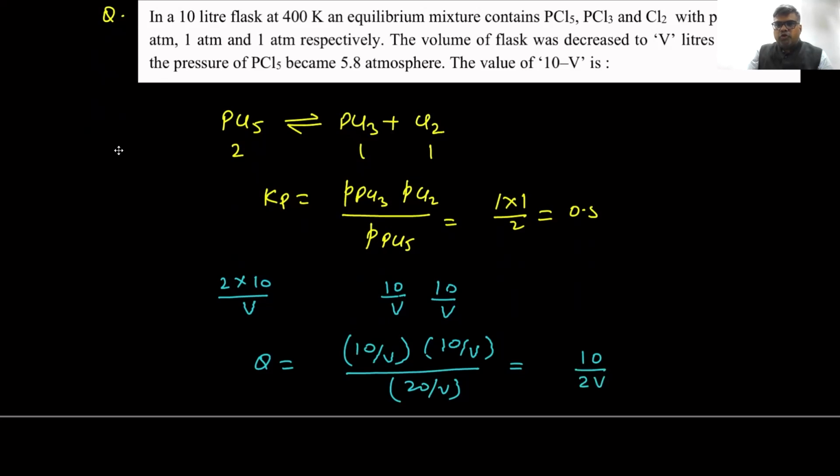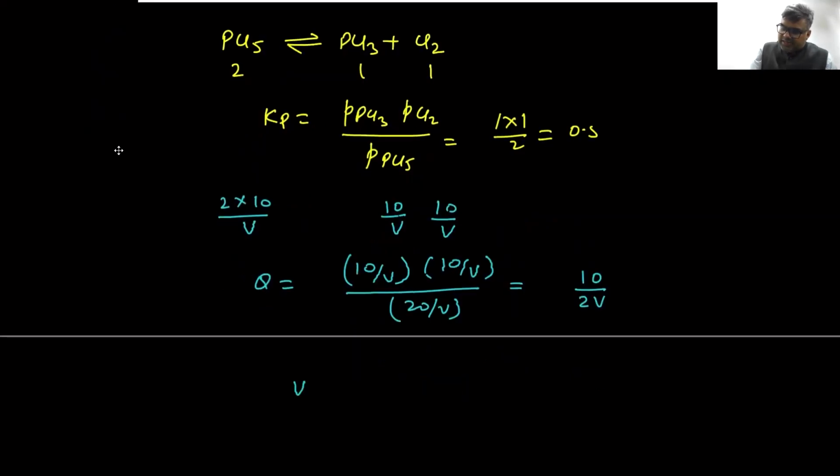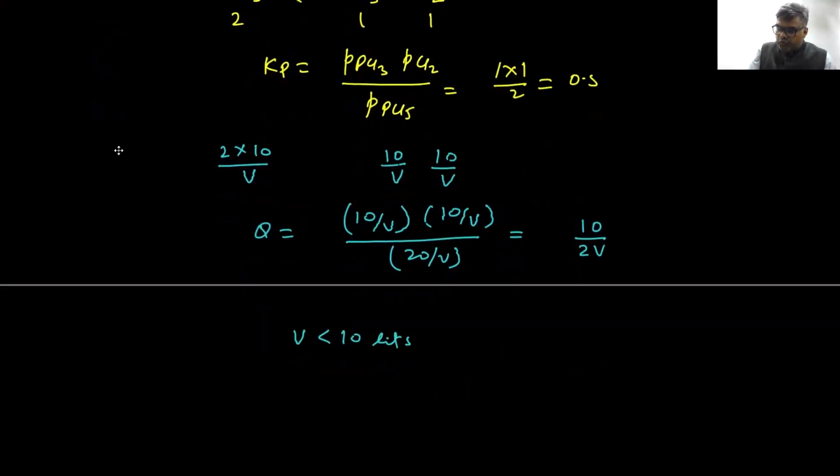Since it is given that volume has decreased to V liters, V is certainly less than 10 liters. If V is less than 10 liters, then 10 upon V will be certainly greater than one, so Q will be certainly greater than half, or better to say certainly greater than Kp.